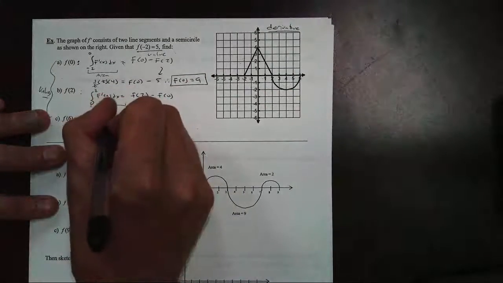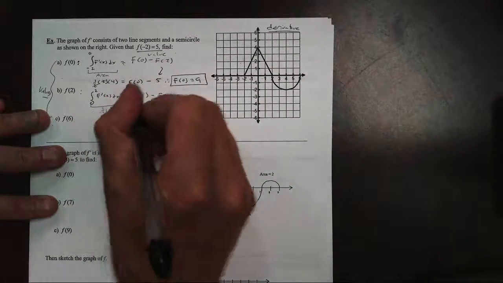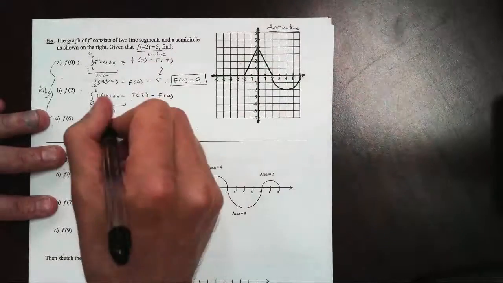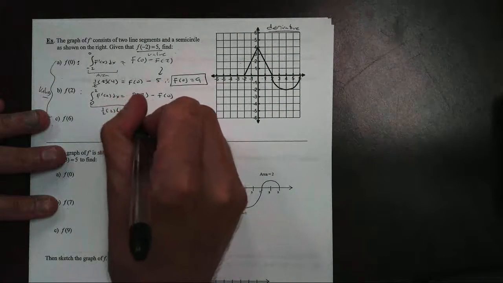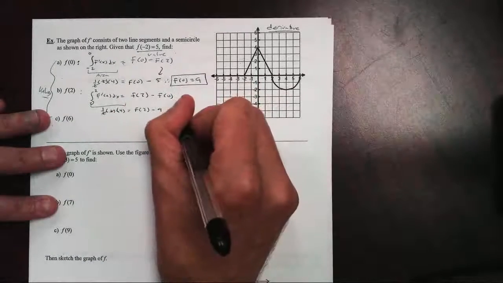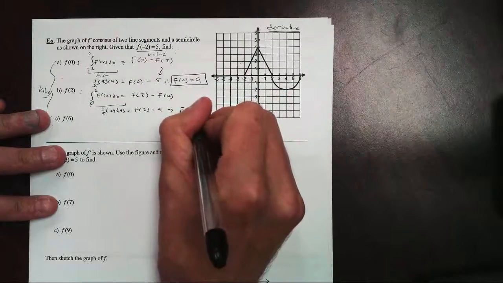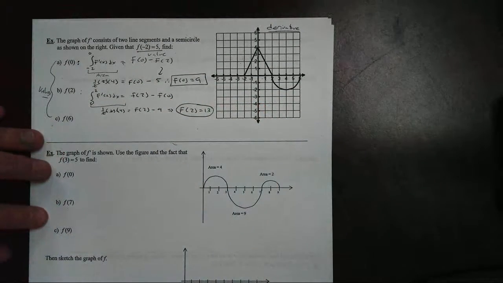So again, it's 1/2, its base is 2, and the height is 4. And that's going to equal f of 2, which I'm looking for, minus 9. And those 2's cancel, and we should get f of 2 equals 13. So the value at 2 is 13. Very easy to do these.